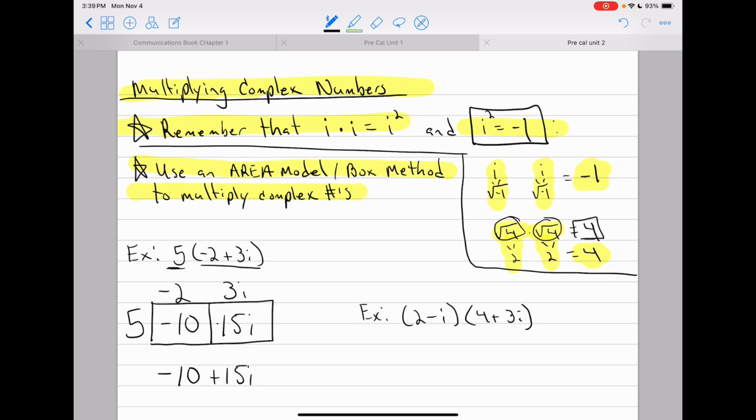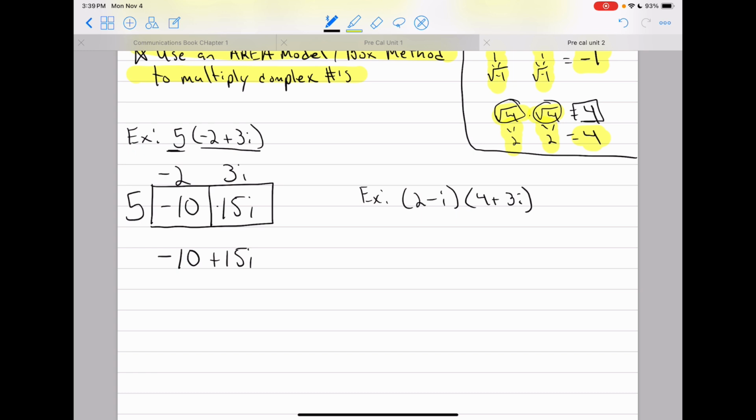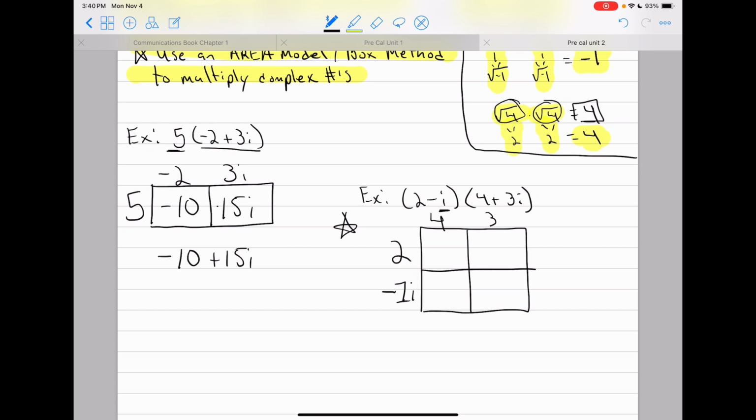Let's do the second one. Actually, why don't you pause it right here and try the second one without me. See if you do it right. Cool. You paused, you did it. Here's what you hopefully tried: (2 - i)(4 + 3i).